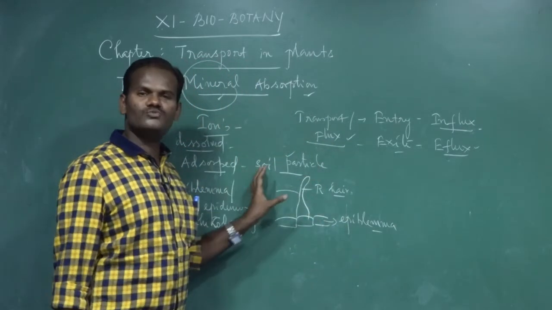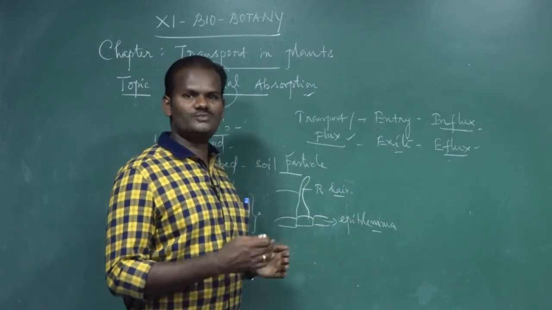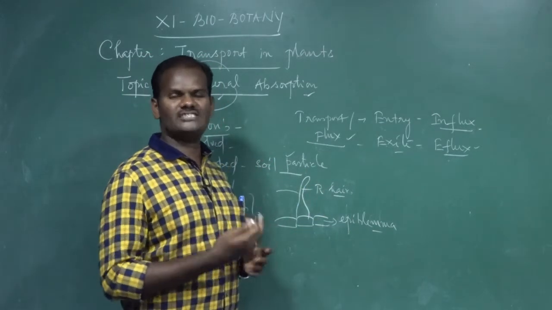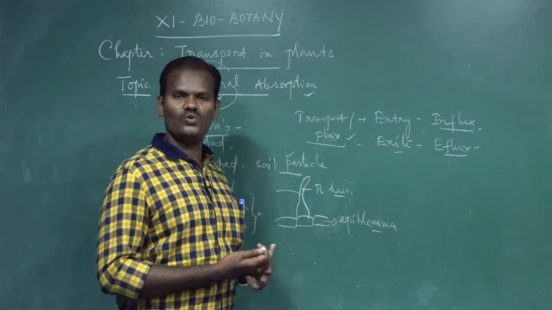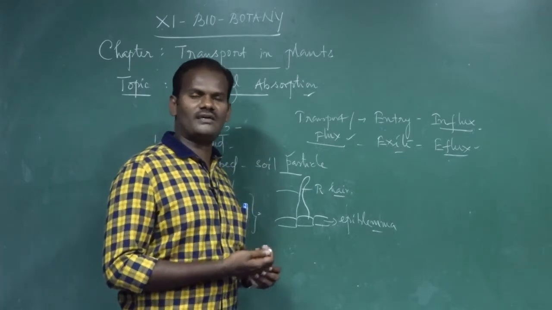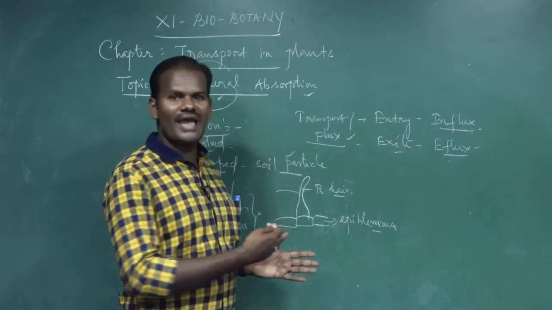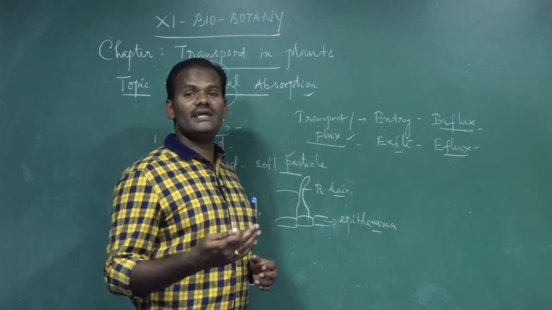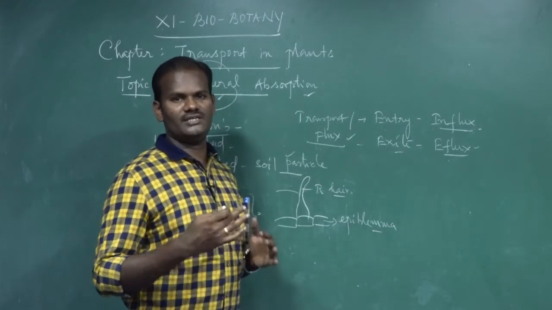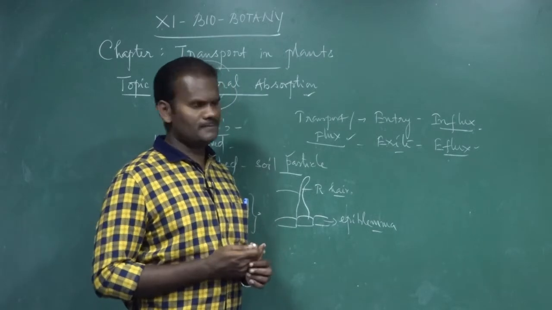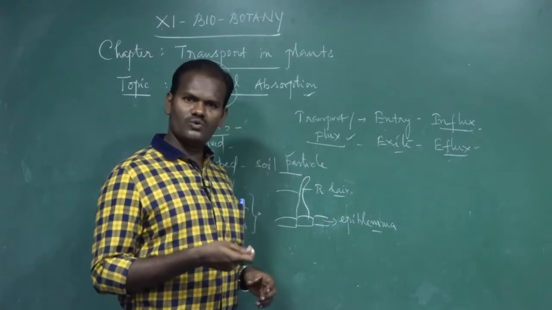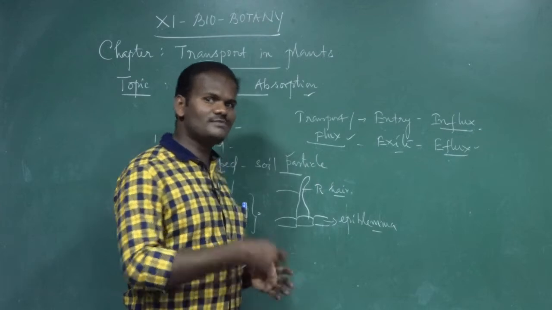So mineral absorption can be explained by many theories. How do plants absorb ions from the soil, how do they enter, either passively or actively? But previously it was mistakenly assumed that absorption of ions by the root hair cells occurs along with the absorption of water.